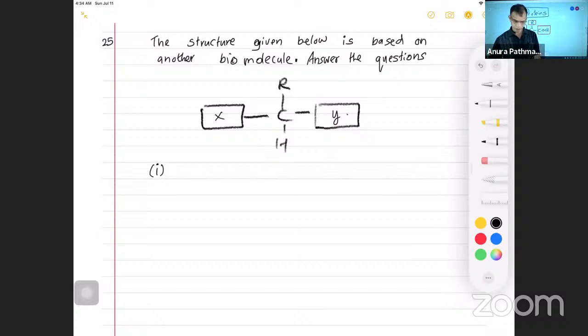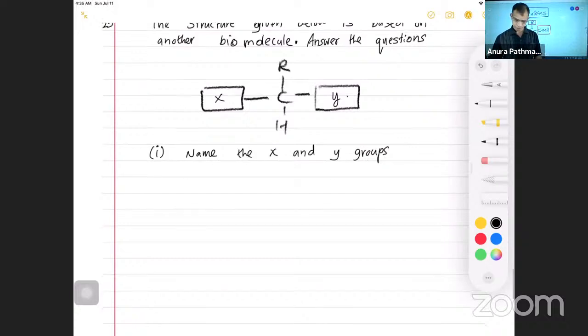Well, first question. Name the X and Y groups. What is the X group? Amino group.